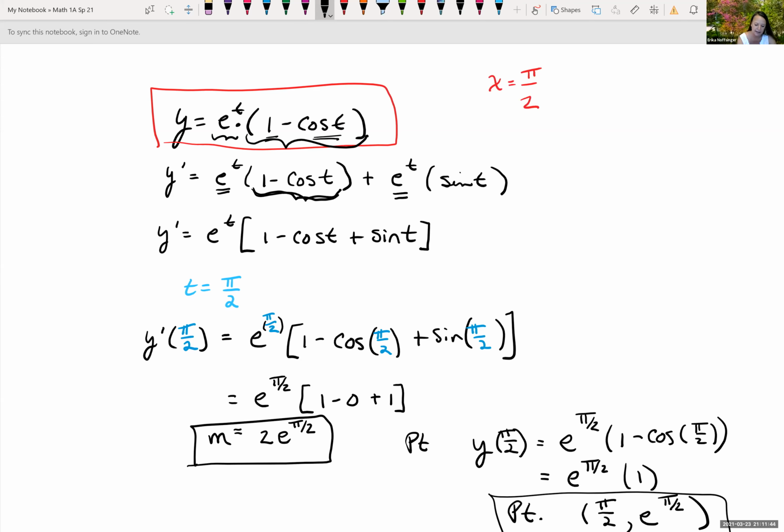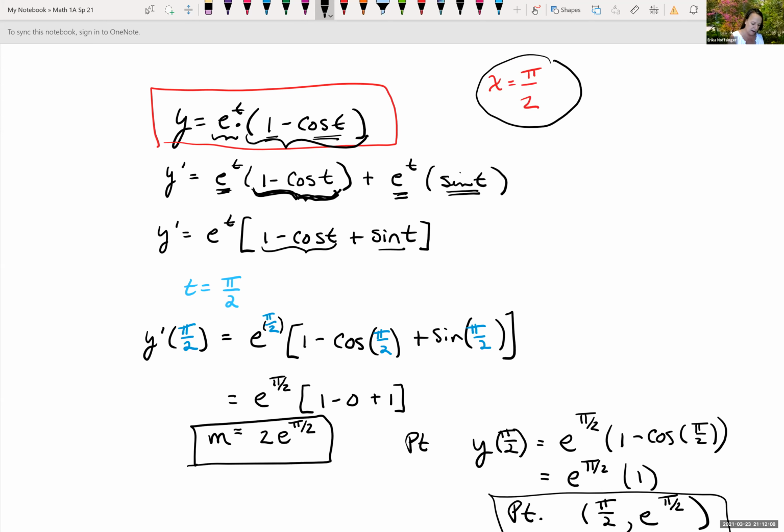So minus a negative makes it positive sine of t. We can factor out the e to the t from both of those pieces. If we do that, we would be left with 1 minus cosine t from that first piece and sine t for that second piece. Now evaluating this when t is pi halves, go in and plug in pi halves wherever we see a t and then evaluate it.